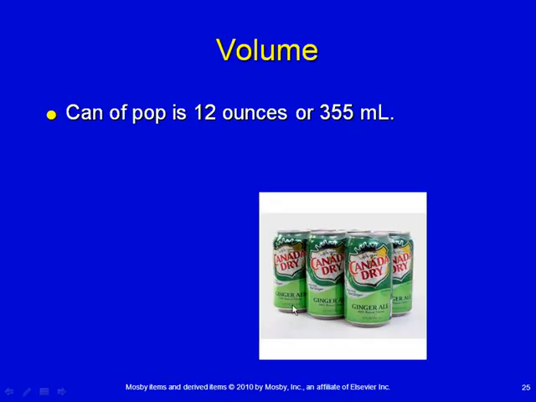This is a 12-ounce can. When we take a 12-ounce can and multiply it by 30 milliliters, because there's 30 milliliters in an ounce, so 30 times 12, we see that there's about 360 milliliters there. When I read the can, actually, the can says there's 355.